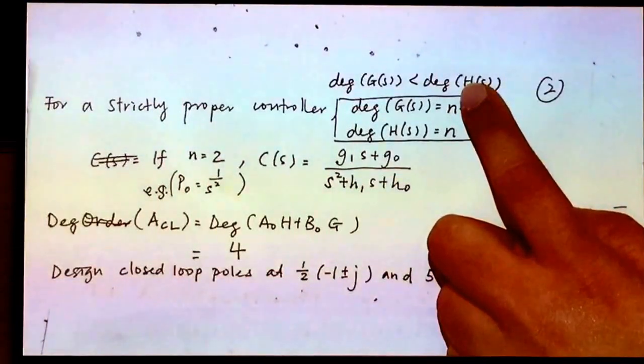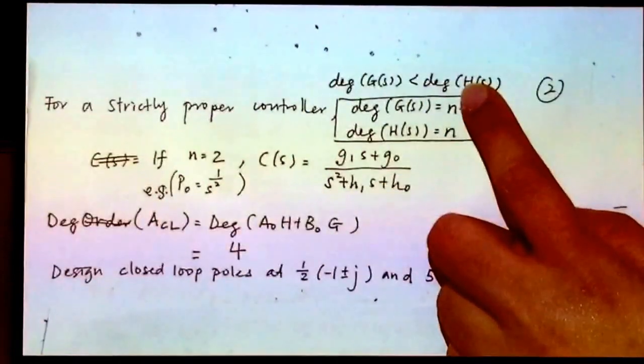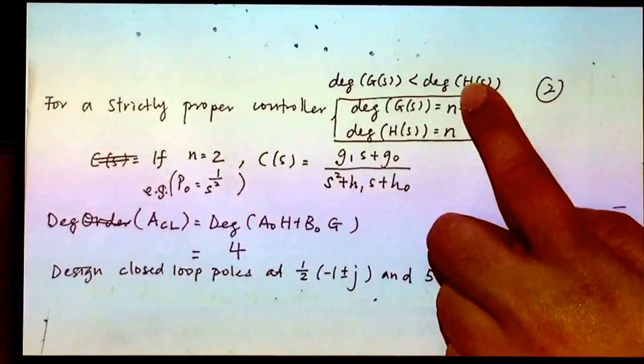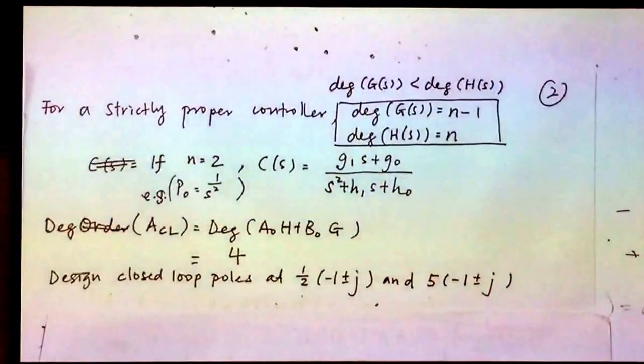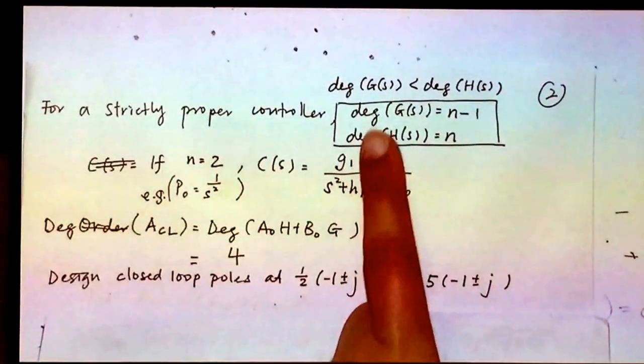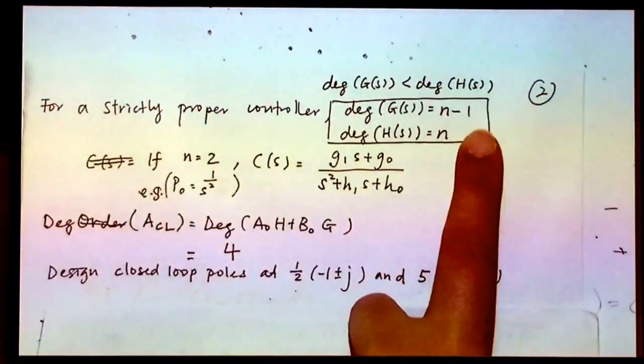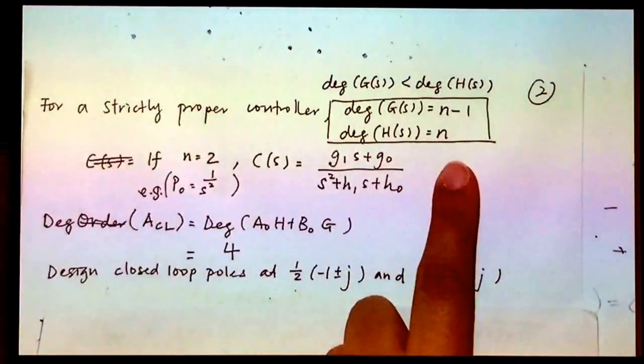For those who have learned strictly proper transfer functions, the numerator must be one order smaller than the denominator. So the degree of G(s) is n minus 1, the degree of H(s) is n. That's the guideline there.